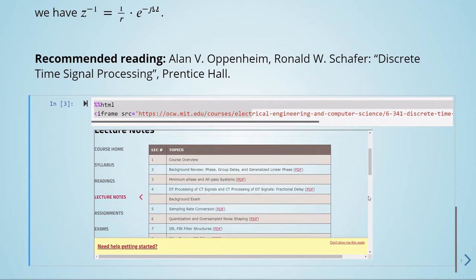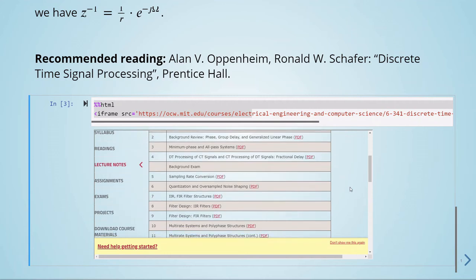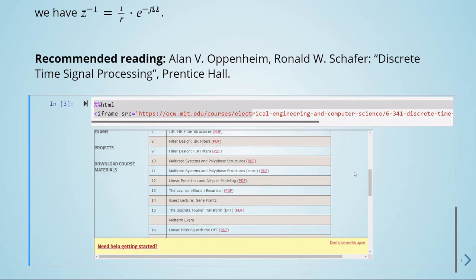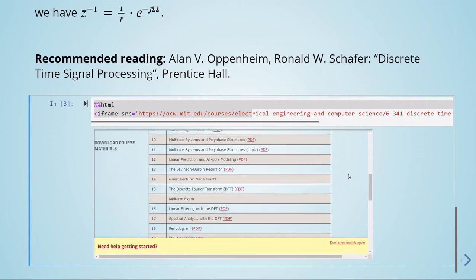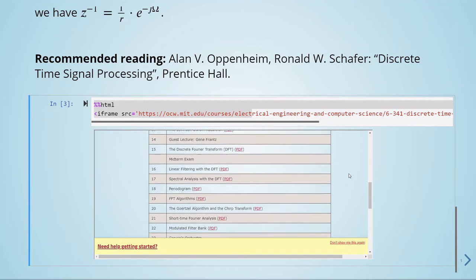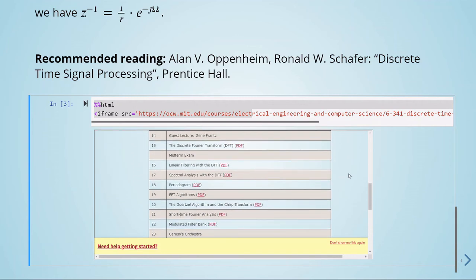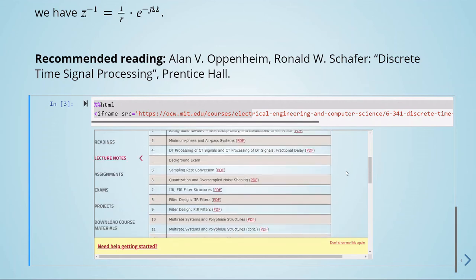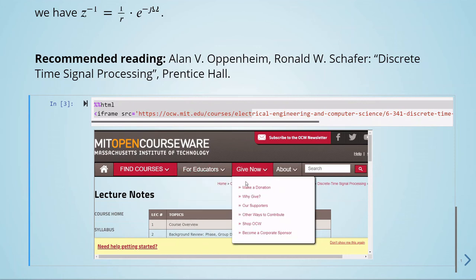So we have minimum phase, all pass systems, group delay, quantization, FIR and IIR filter structures, filter design, multi-rate systems, revisions, the discrete Fourier transform, FFT algorithms. So it's a very interesting course.